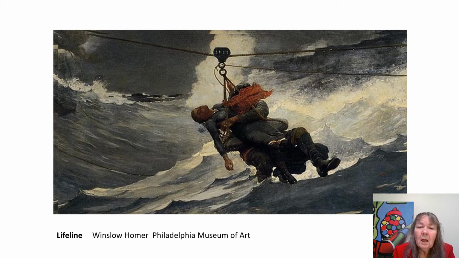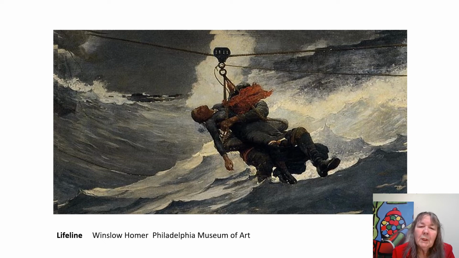He created drawings for Harper's Weekly, and then at 40 years old, he retired, and he traveled the world, and he painted, and he fished, and he hunted, and this was his life. But he was a very important and very interesting American artist. His work, you can see in person at the Philadelphia Museum of Art in Philadelphia.